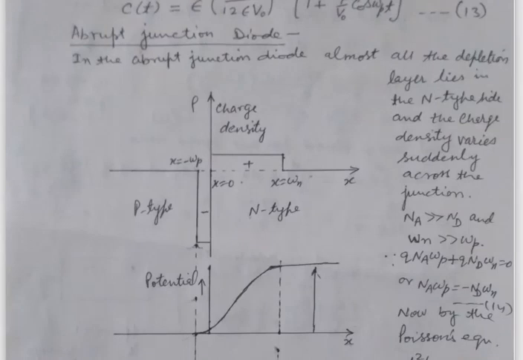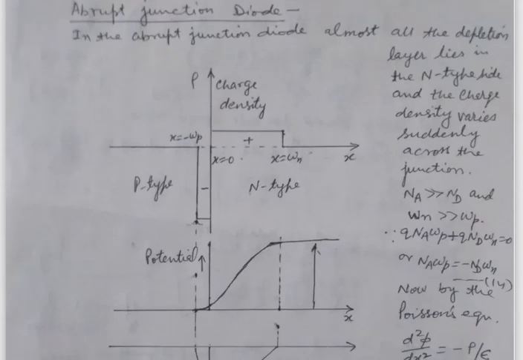In the abrupt junction diode, the space charge density suddenly or abruptly changes across the junction as shown in the figure, and almost the entire depletion layer lies in the n-type region, that is, the width of the depletion layer in the p-type region is very small.